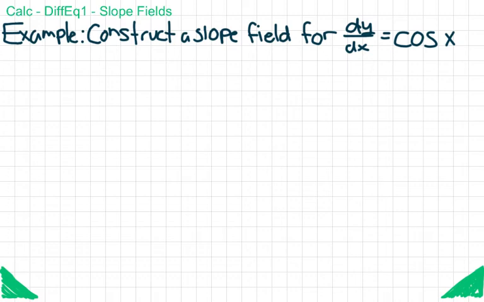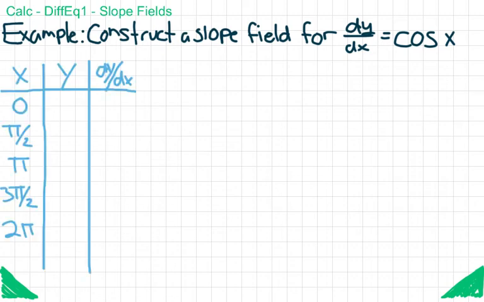So what I'd like to do now is teach you how to construct a slope field from this equation. The way that we're going to do it is really similar to sketching a regular function by creating a table of values. If we're to construct a slope field for dy dx equals cosine x, for example, we're going to set up that table with x, y, and then in the third column, or third row, depending on how you set it up, we're going to leave room for dy dx.